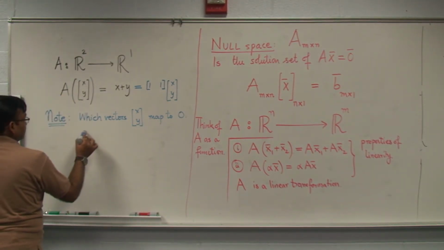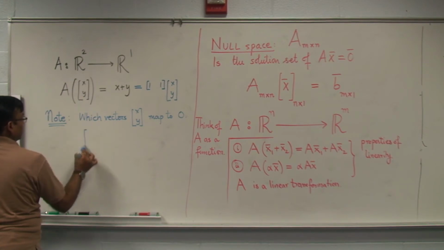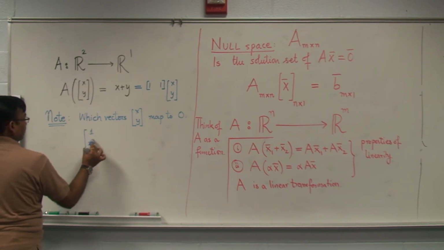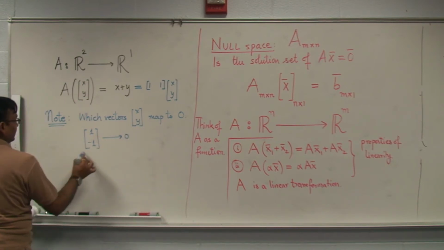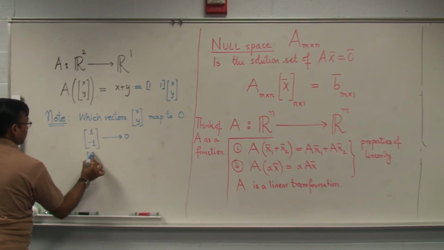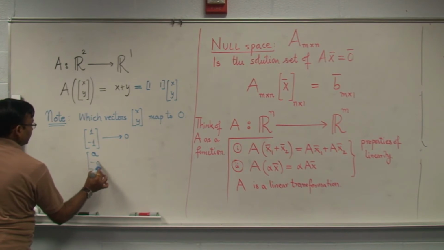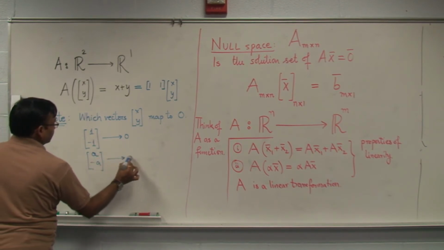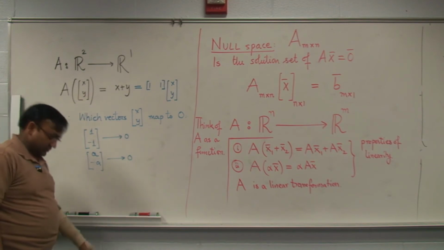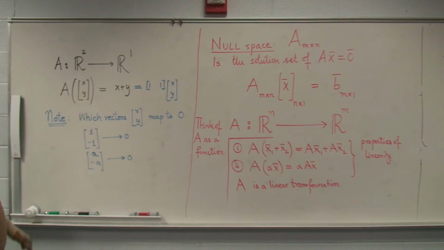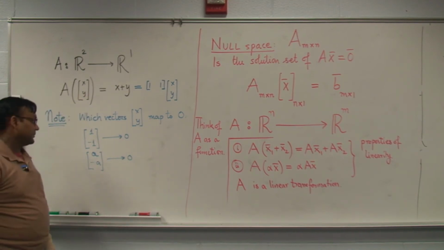So you will say, well, anything, for example, if you look at 1, minus 1, it maps to 0. If you look at any vector a, minus a, can I say this will map to 0 based on the function that we have? So there are a lot of vectors which map to 0.